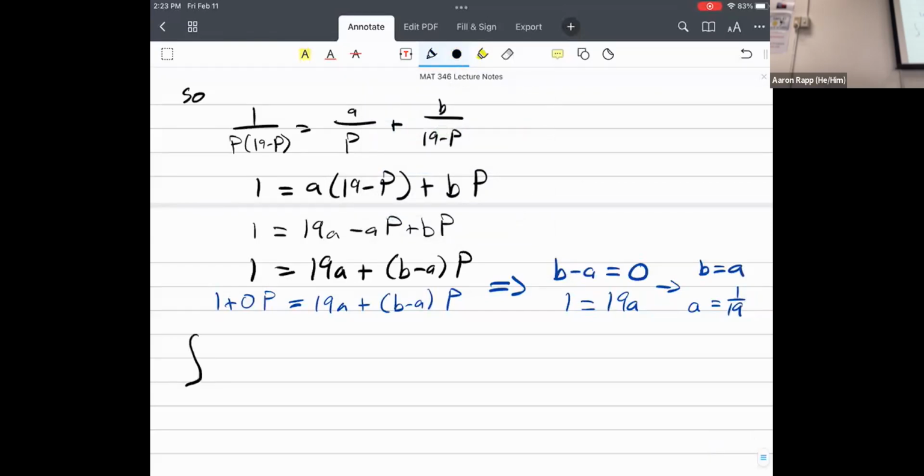So this means that when I go back to my integration, 1 over p times 19 minus p with respect to p, this is the same thing as the antiderivative of 1 over 19 divided by p plus 1 over 19 times 19 minus p.